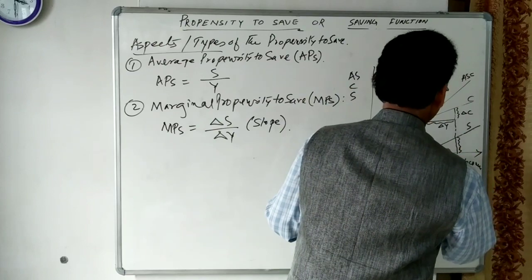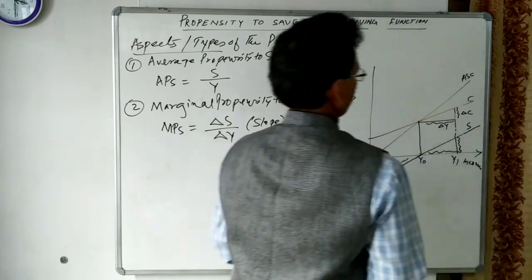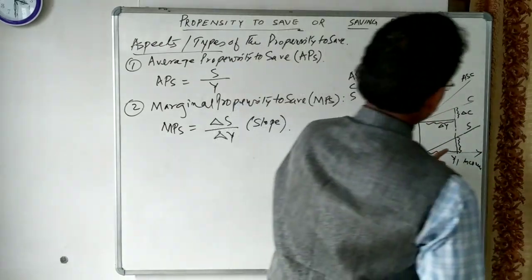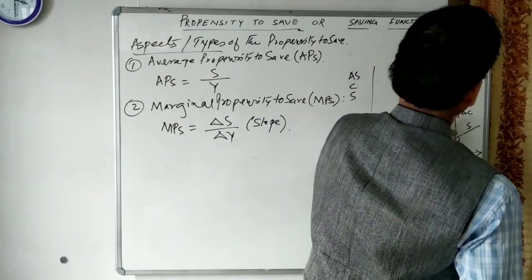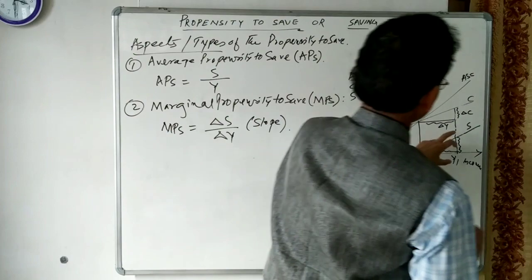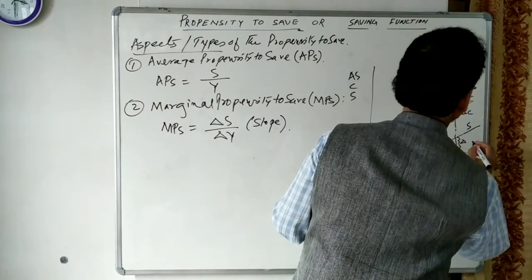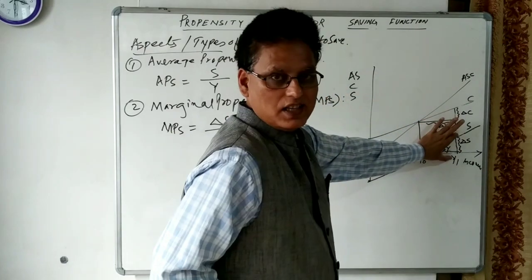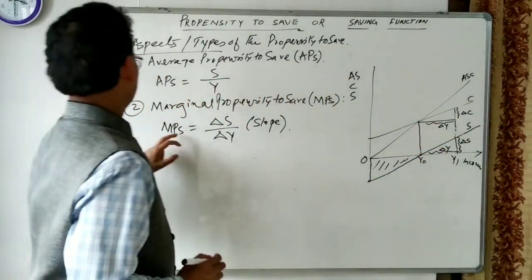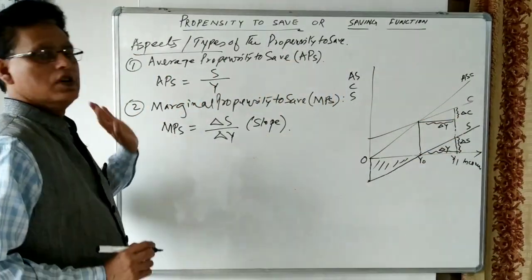This is the change in income and the change in saving. Change in saving divided by change in income, we call it marginal propensity to save.